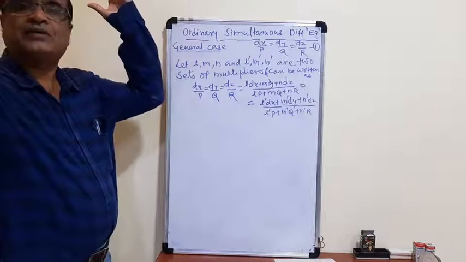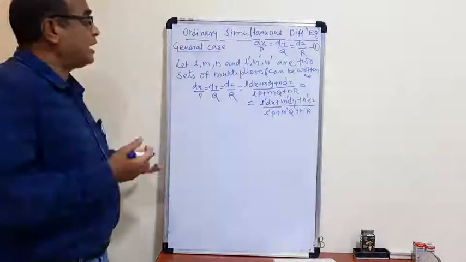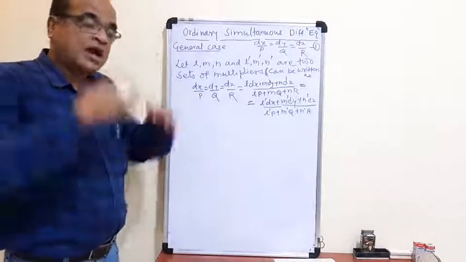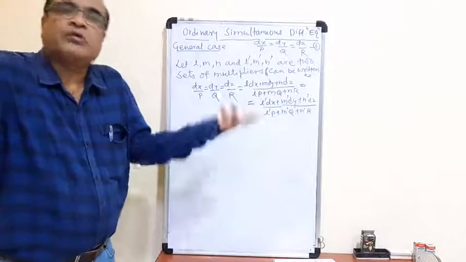This fraction is equal to this fraction is equal to this fraction. If we are unable to solve the differential equation, we make more and more fractions and then solve it. So that is one more method here.